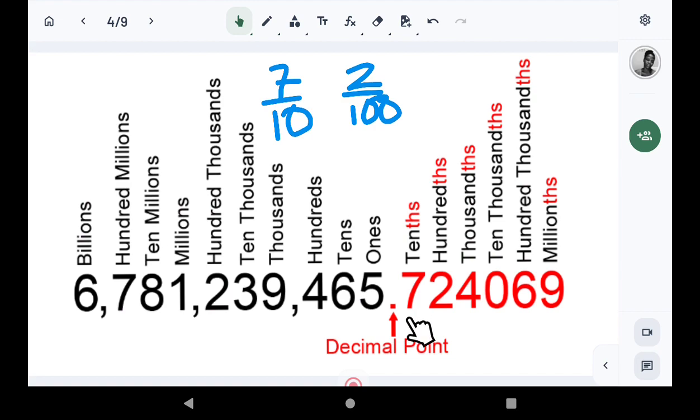This one is one decimal point away from the point. That's 7 over 1 and 1 zero. The 6 is 1, 2, 3, 4, 5 decimal points from the comma. So we'll write that as 6 over 1 and 5 zeros.